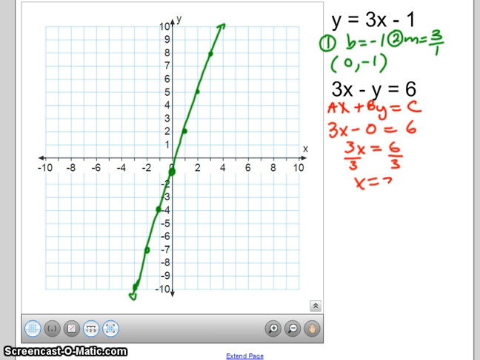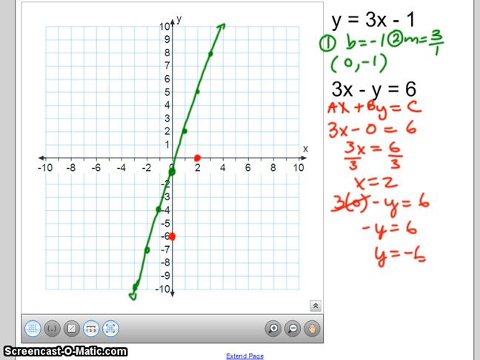X equals 2. For our y-intercept, we plug in 0 for x: 3 times 0 minus y equals 6. This cancels. Negative y equals 6. Y equals negative 6. So we go to negative 6 on the y-axis.